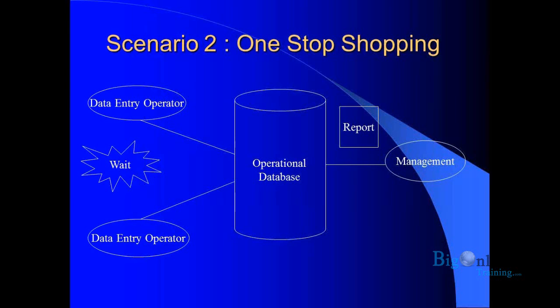So the structure we create in an OLTP system itself doesn't support multi-dimensional analysis. Because of performance issues, you can't perform any multi-dimensional analysis, and at the same time the OLTP system is busy, so you will not be able to run the reports. These are all the issues that you face when you try to create reports on an OLTP system.